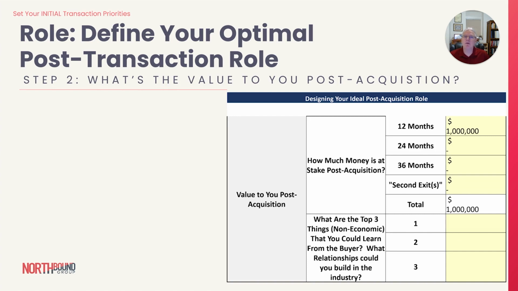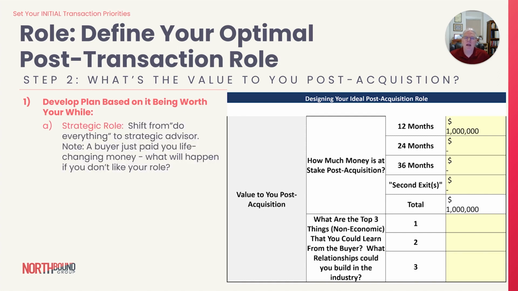And there's actually a couple areas of value here that I think you might not have thought about that are critical to consider. The first one is you develop your plan based on it being worth your while, and recognize that when you sell your business, you're shifting from what I call the do everything CEO role to becoming a strategic advisor to the business. And a key note is this: a buyer just paid you life-changing amounts of money.